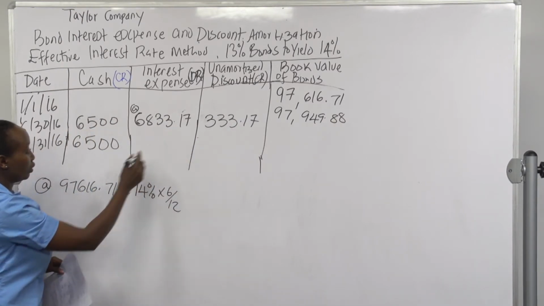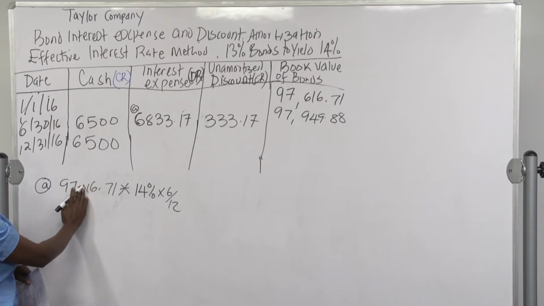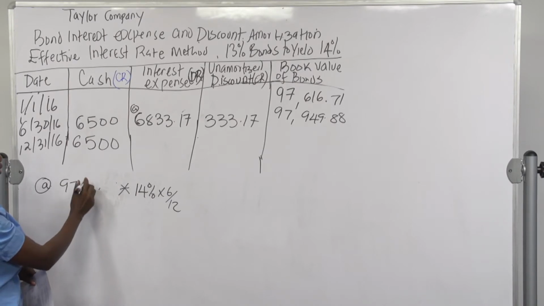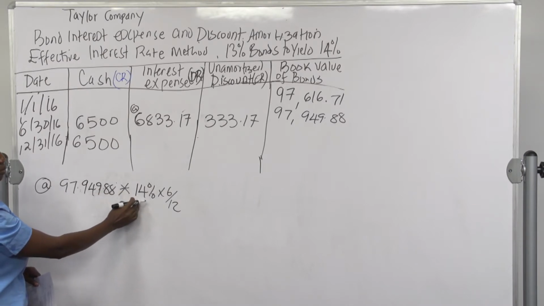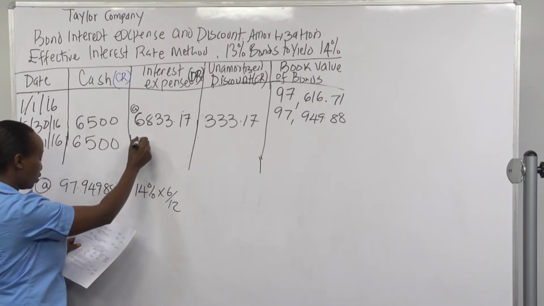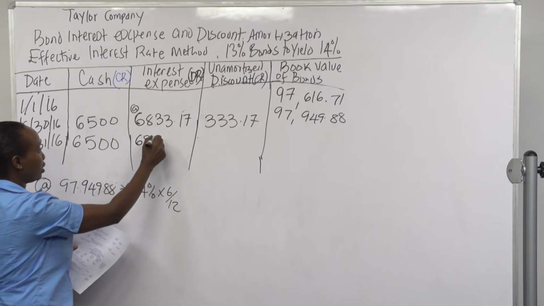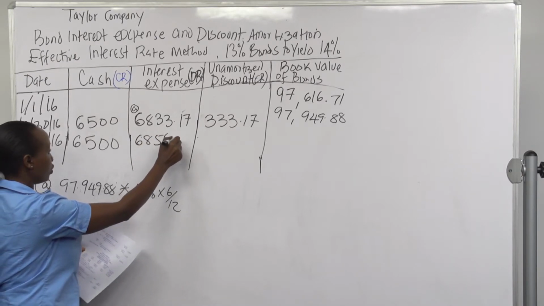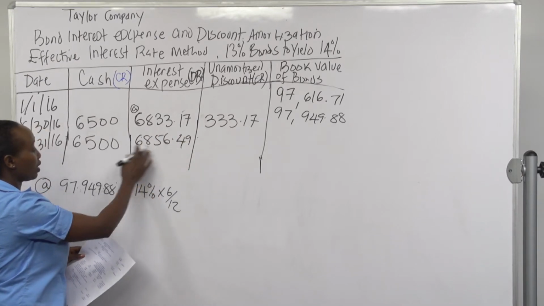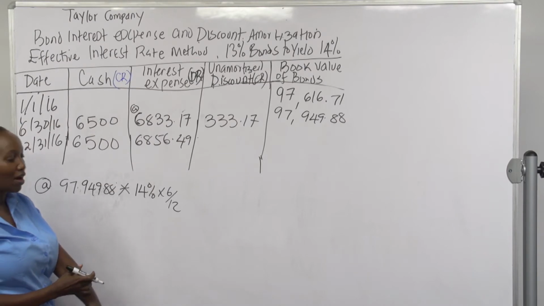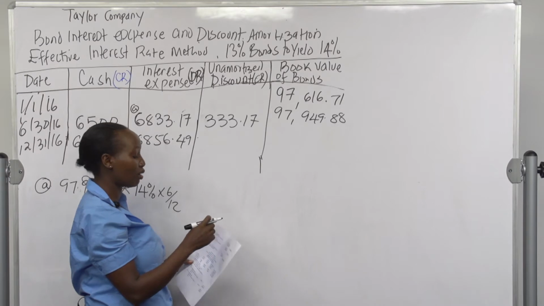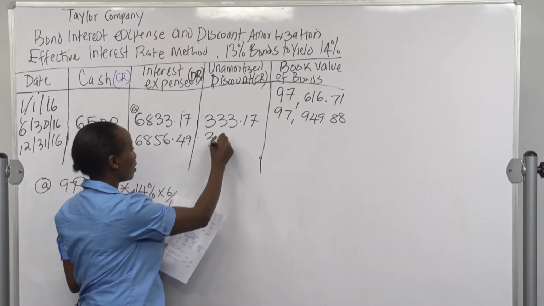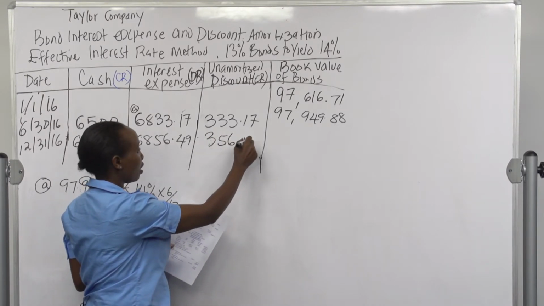We'll repeat this again. Next we do 97,949.88 times 14% times 6/12, and we get 6,856.49. We subtract 6,500 from it to get the discount amortization, 356.49.